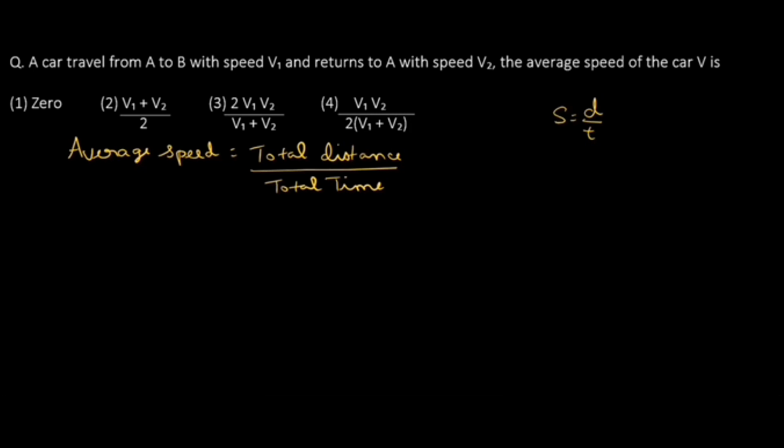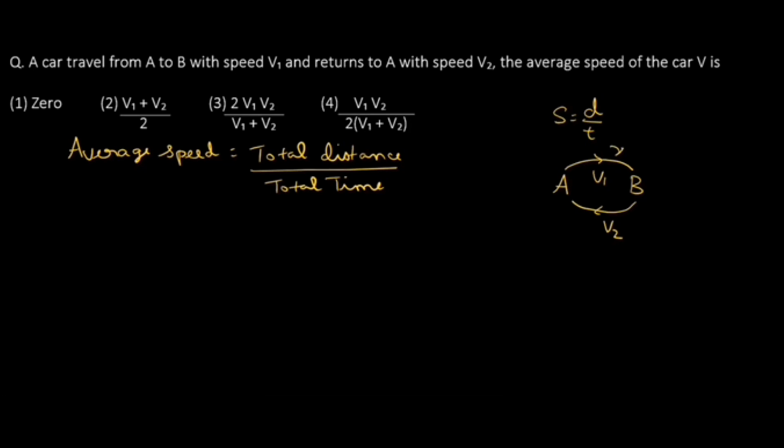So from the problem they have given a car travels from A to B. From A to B it moves with a speed V1, and from B to A it moves with a speed V2. From that we can infer that it moves the same distance.